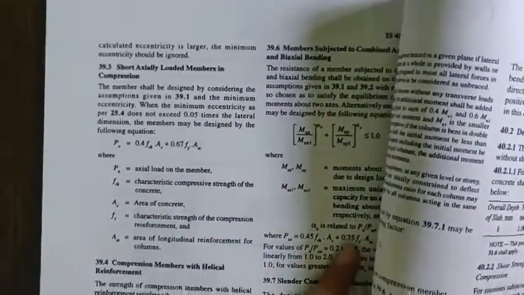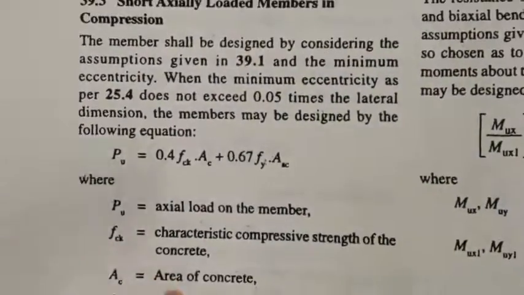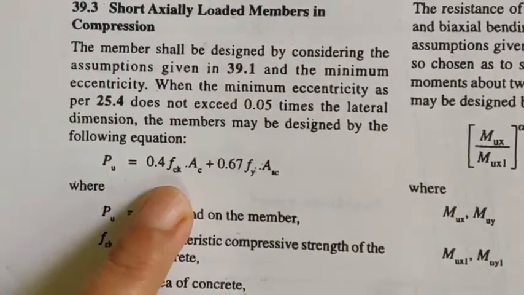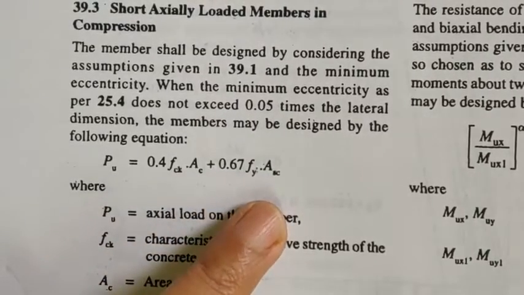The design of axially loaded short columns is done by using a formula given in clause 39.3. So what does that formula say? It says that the ultimate capacity of the column can be taken as 0.4 times fck into Ac plus 0.67 fy into Asc.